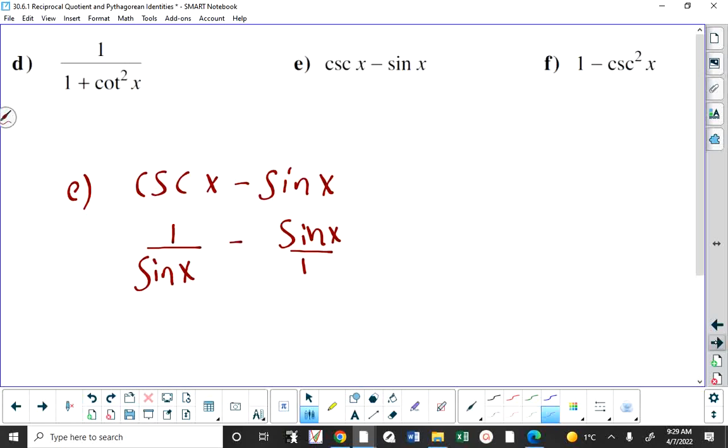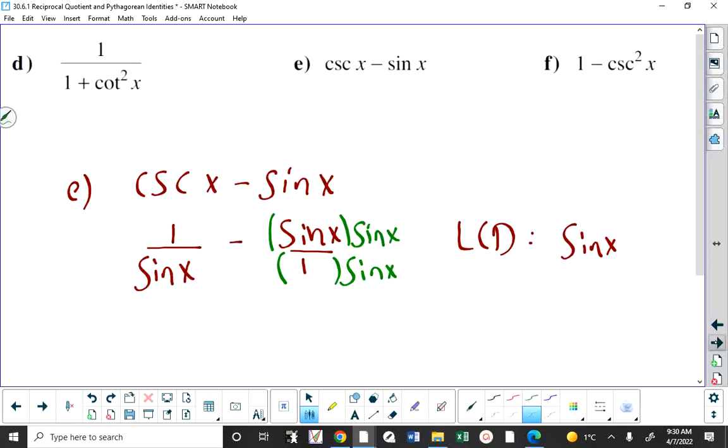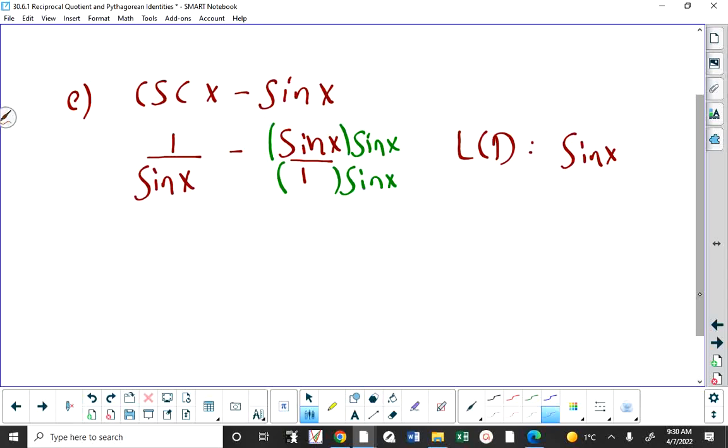And the common denominator here would be sine of x, because if I multiply the top and the bottom of this by sine of x, they will both have the same denominator. And I think you might see exactly where this is going. We're going to get 1 minus sine squared of x over sine of x.